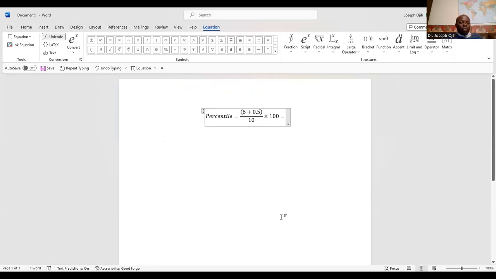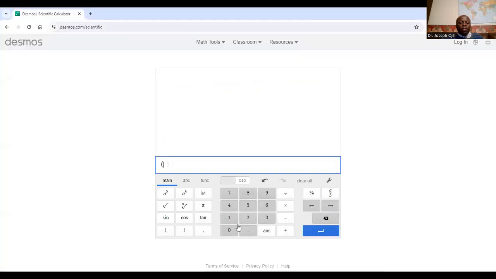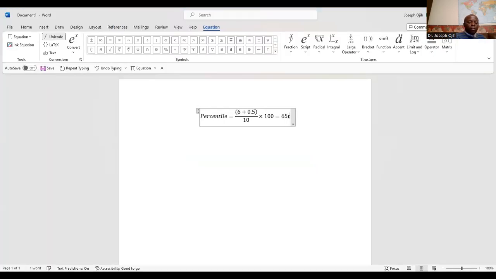So let's put this in the calculator. We got 6 plus 0.5 divided by 10, times 100. 65. So I'm going to put 65 right here, the 65th percentile.